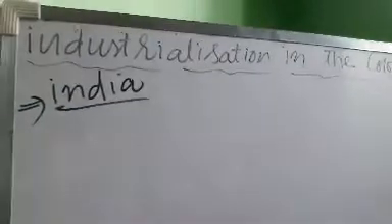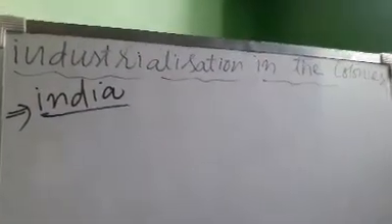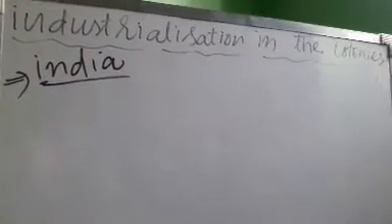Now in this topic we are going to discuss industrialization in the colonies with special reference to India. Our special reference would be India, or we are going to take up the case of India. As you know, India was a colony of the British, right?